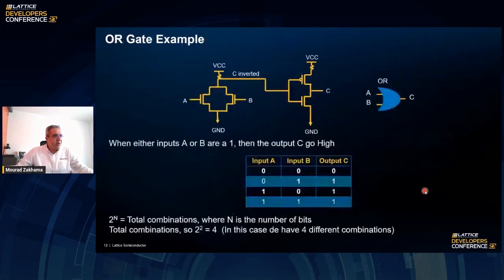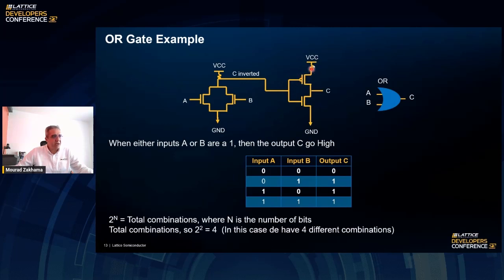If we get a little bit more complex and have an OR gate, the same principle applies. When either of A or B, or any one of them, is active, this signal will go to ground, and then we have a transistor that is tied active.